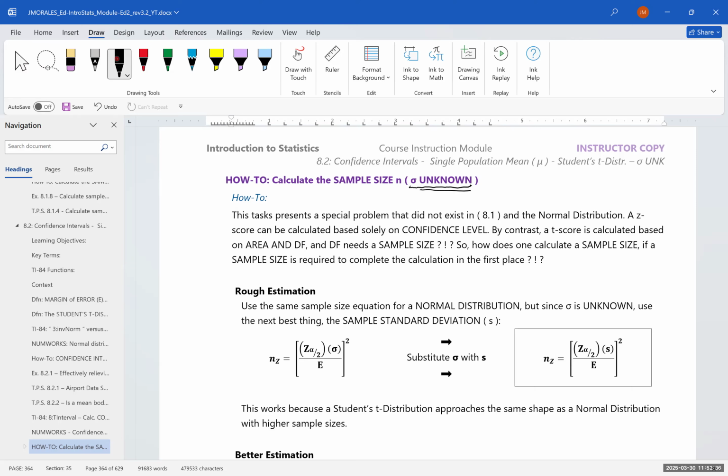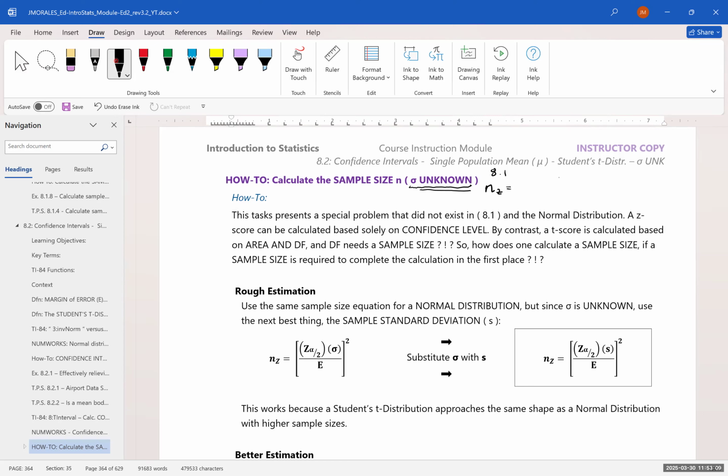If we remember from the previous section 8.1, when we calculated sample size using the normal distribution, we used a Z alpha 2 score, and we used the population standard deviation, and we divided that by the margin of error.